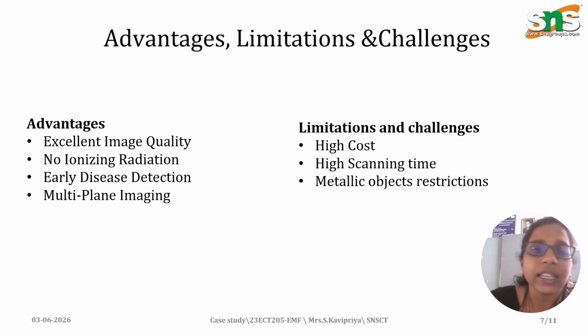We can also easily detect diseases at an early stage, and multiplane imaging is possible. For example, if an MRI is taken for a brain, using multiplane imaging even the cross-sectional areas can be captured. It is divided into a number of planes and each area is captured independently, which is very useful for analysis by the doctors. These are the advantages.